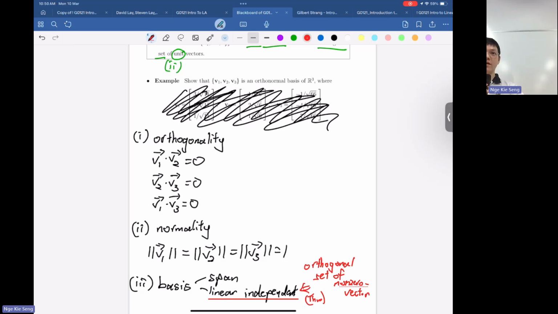We already have 3 linearly independent vectors, so it will imply span, by the basis theorem, since we know that the dimension of R3 is 3. Do you still remember why the dimension of R3 is 3? There's an easy basis you should remember.